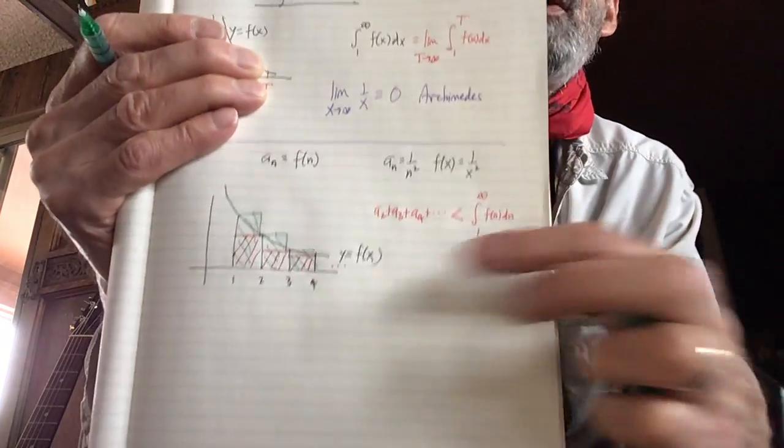So that one, by the way, starts at a1. So what we have is in green, a1 plus a2 plus a3 plus a4 plus blah, blah, blah is bigger than the integral from 1 to infinity of f of x dx.